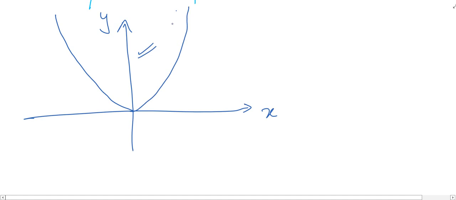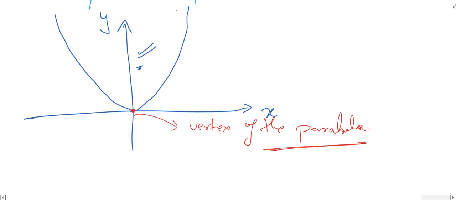Since I have said the word vertex, let me introduce what a vertex is. This is the line of symmetry, the y-axis. The point where it meets the parabola is regarded as the vertex of that parabola.